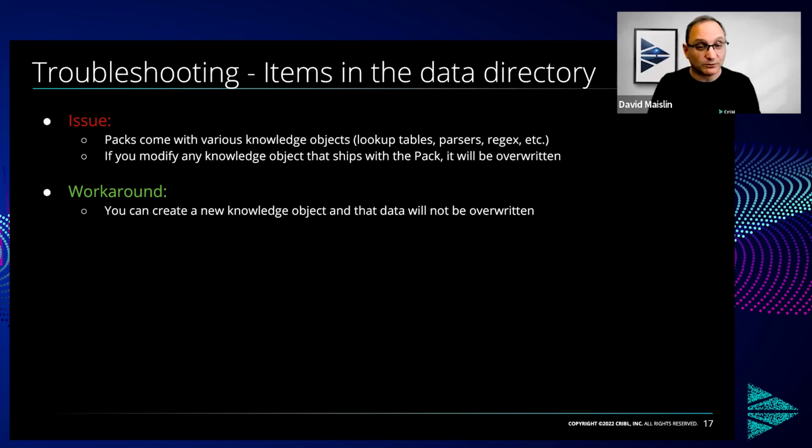So it is very important that you know that. The best thing to do is create a new knowledge object. An even better thing is, again, don't just update the pack that you're working on. Update the pack that you imported as a default and look at the new changes to that pack, and then update your pack. You can manually merge and reconcile them or not, but these are things to be aware of.